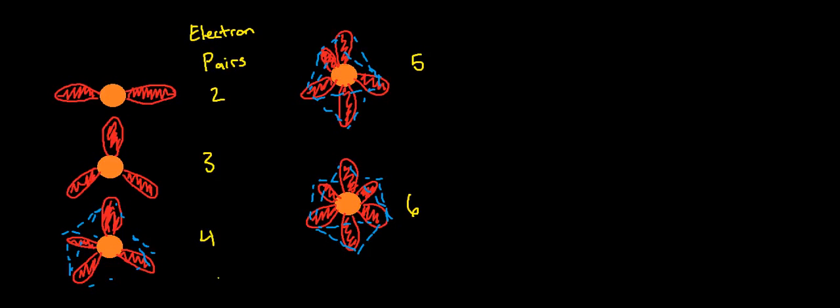And a good way of getting an estimation of what the molecular geometries will be is to use the valence shell electron pair repulsion model. And this is a very simple model.